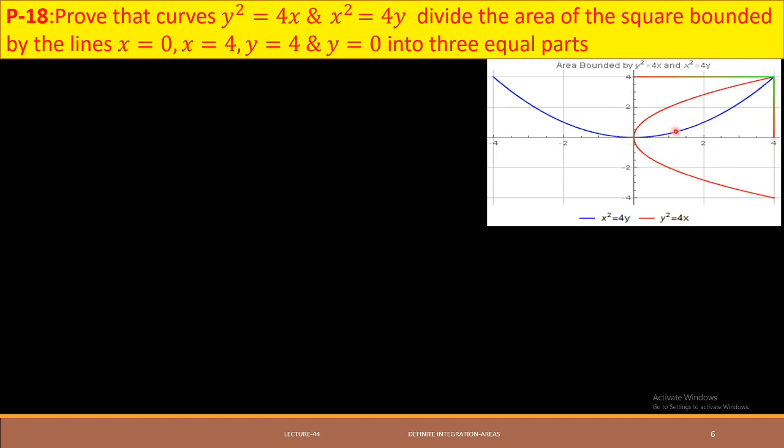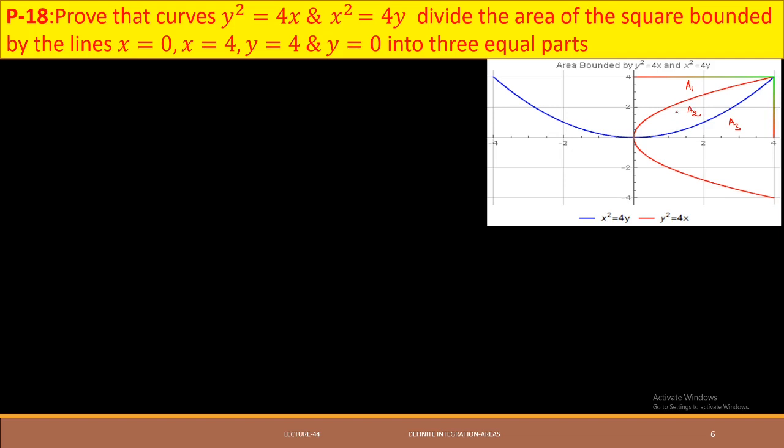That means area wise we have to show that these 3 regions are equal. There are 3 parts, namely area 1, area 2 and area 3. Now they are asking us to show that this square is divided into these 3 regions of equal size.